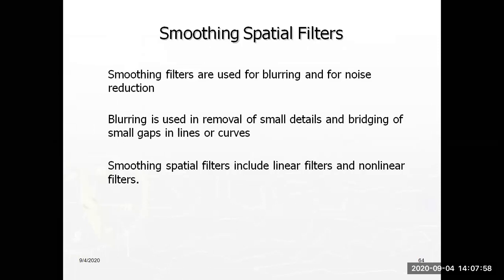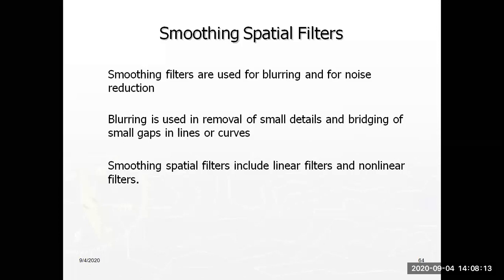That is the basic difference. In spatial filtering, there are two basic operations: image smoothing and image sharpening. Two types of filters are designed: image smoothing filters and image sharpening filters.